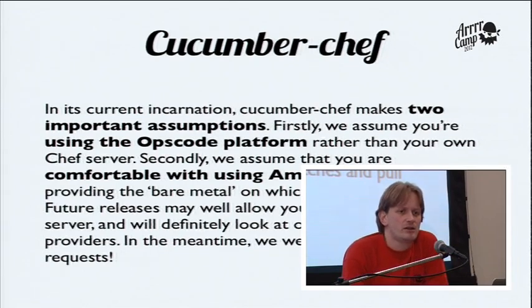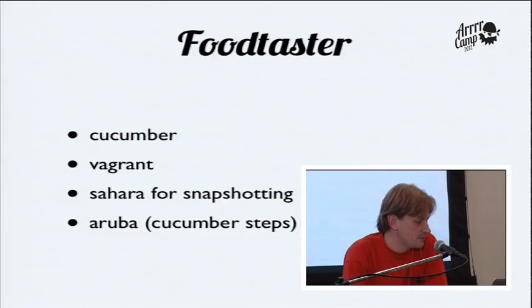It's actually quite a vivid project. It has a book published and everything with it. It only has a certain disadvantage. Well, two of them. It only runs on EC2 and it only works if you use the Opscode hosted Chef, neither of which I do. So I skipped this quite fast.